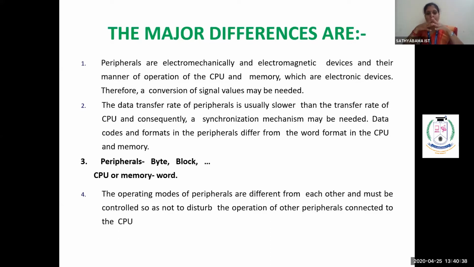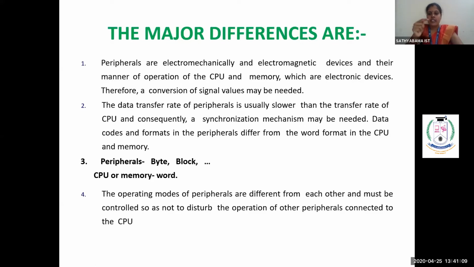That is the input-output interface. That is the first difference to resolve.